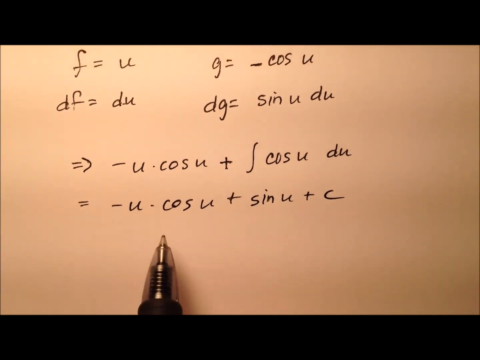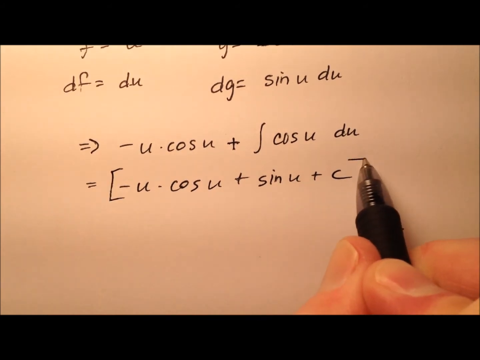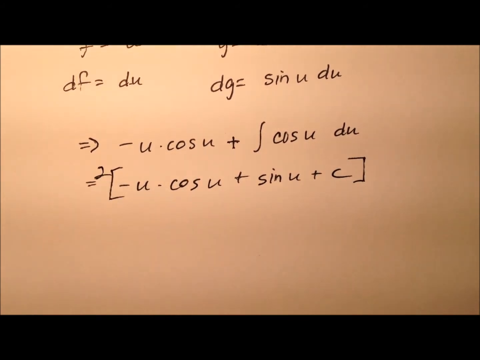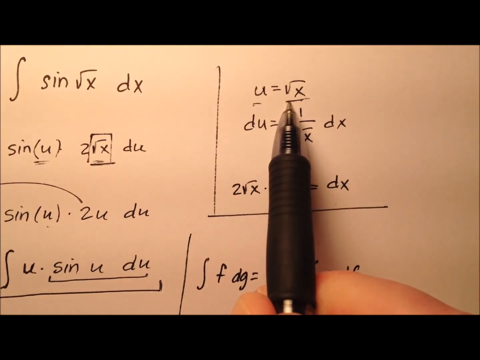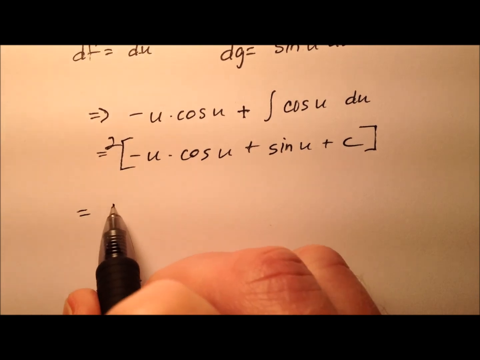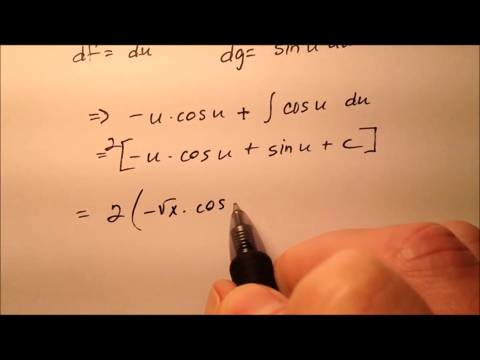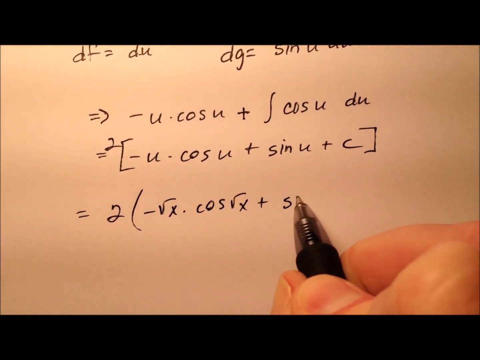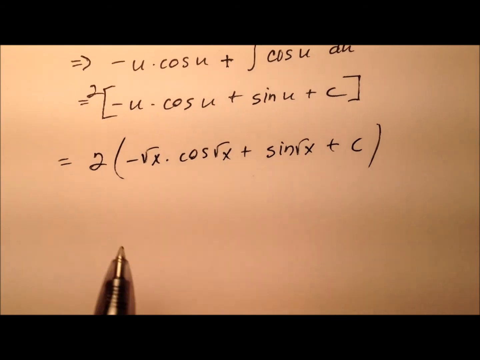And of course, this whole thing had been multiplied by 2, so I can put this 2 out front. And remember back from the beginning, my u was actually the square root of x. So let's go ahead and do all this together. So negative square root of x times cosine of square root of x plus sine of square root of x plus c.